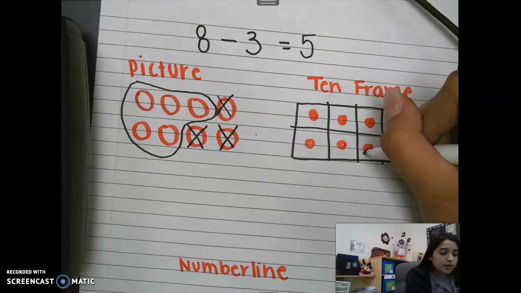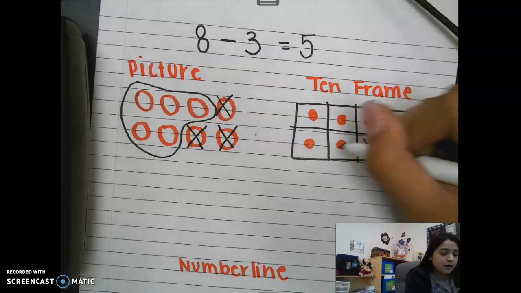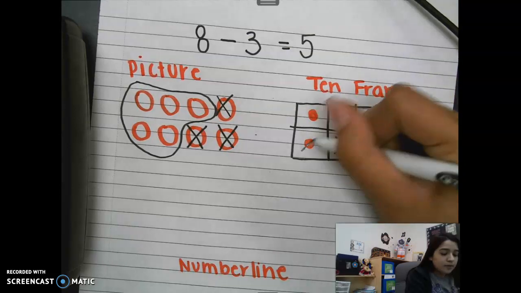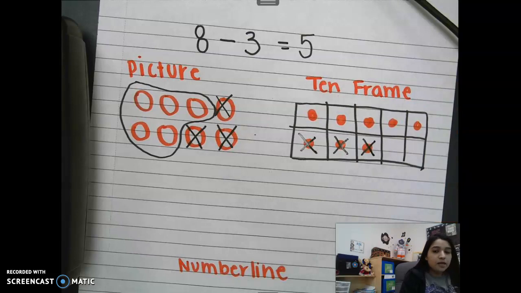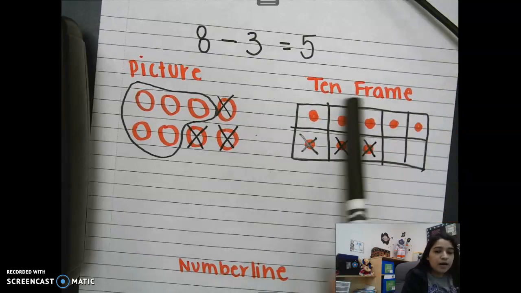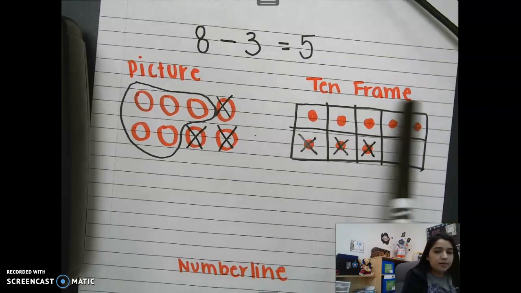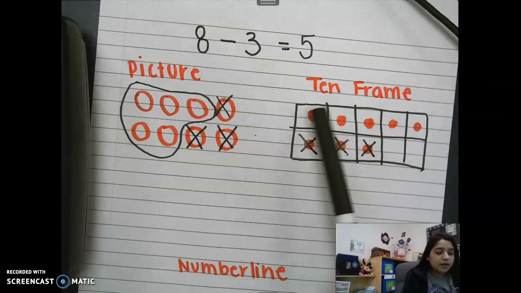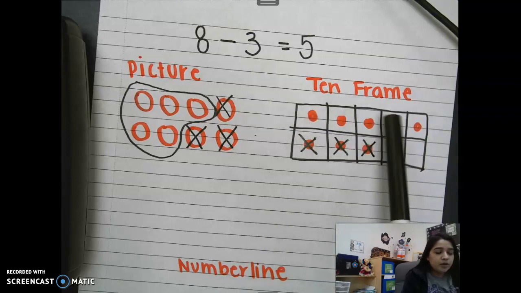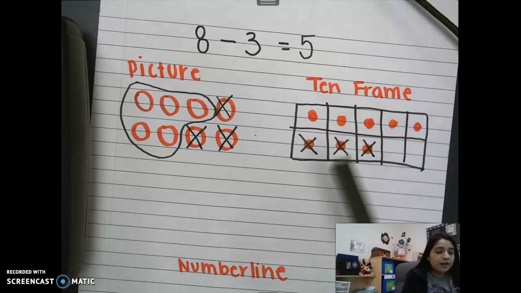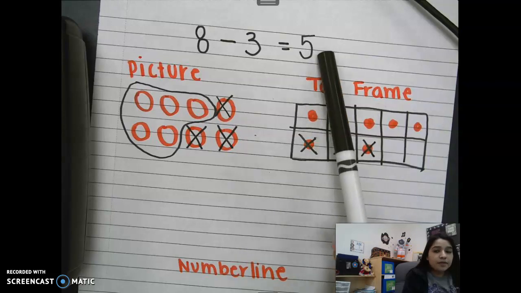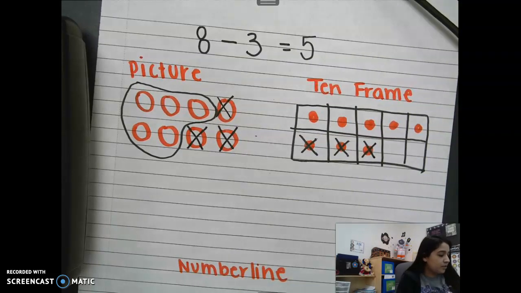So we're going to cross out 3. 1, 2, 3. So let's count how many we have left, which are up here. So let's count. 1, 2, 3, 4, 5. So how many do we have left? 5. Perfect. That's our total.